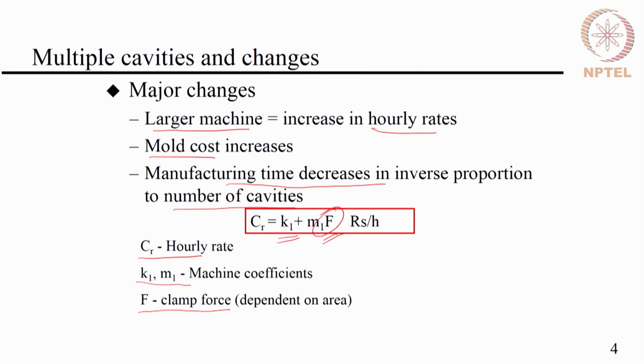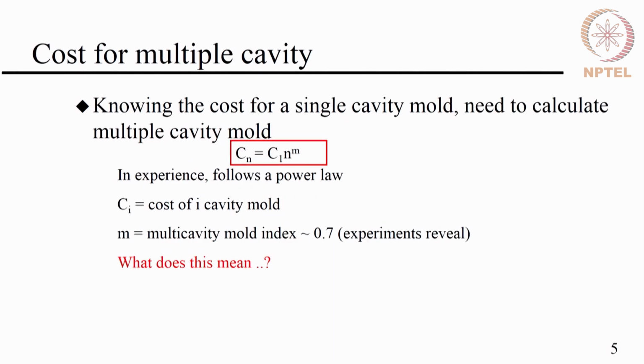So, this is one cost element, and the cost associated with a single cavity can be used to calculate the cost for n number of cavities, which is not a linear relationship, it follows a power law.